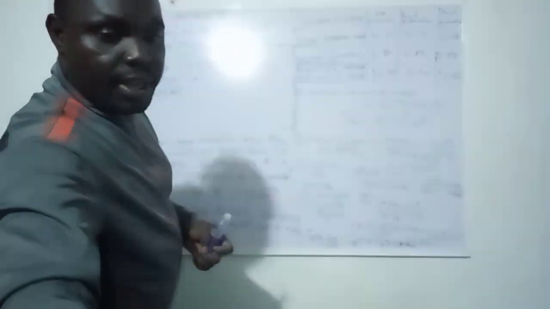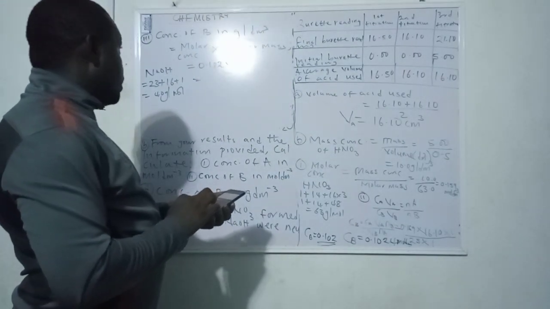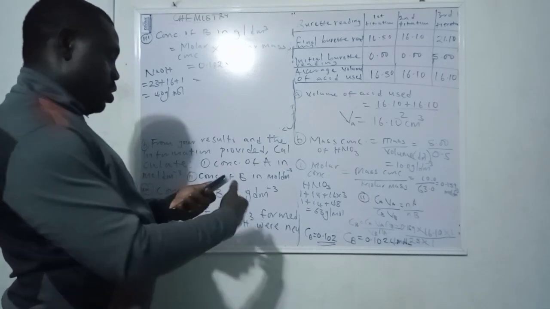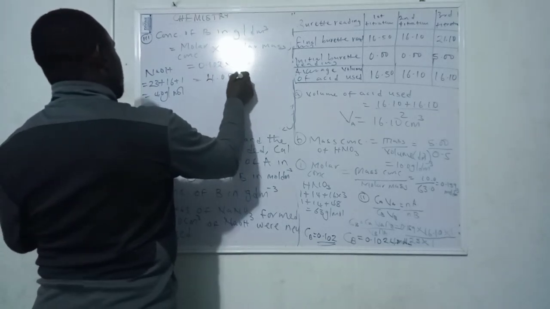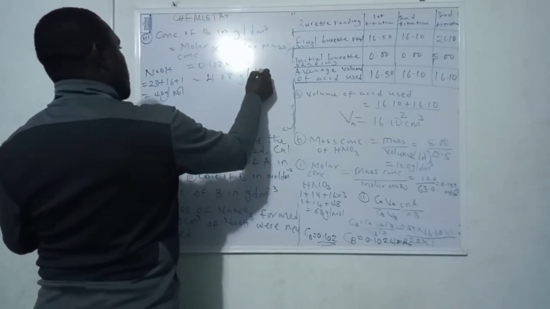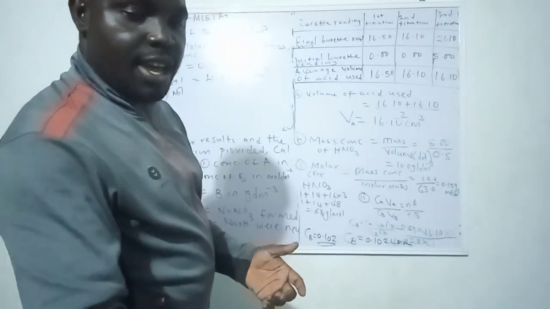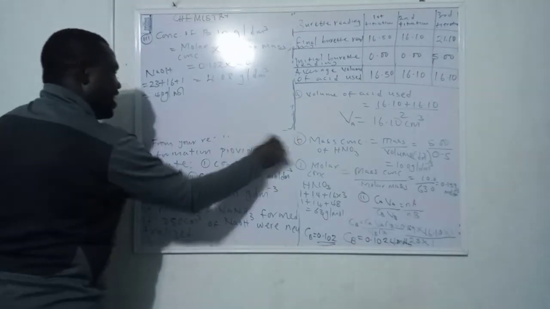Let's multiply. I believe you are following. 0.102 times 40. Okay, I'm getting 4.08 gram per dm cube. That's what I got here. You can cross check if it's the same thing you're getting there.